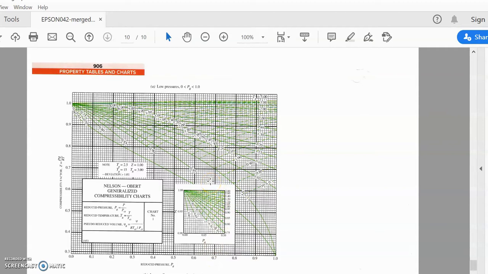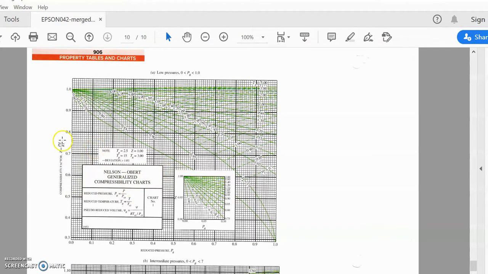And we can see the temperature reduced is 0.96. So going here, you can see this is 0.95. And if we follow this here to 0.68, we get a compressibility factor of just about 0.65.